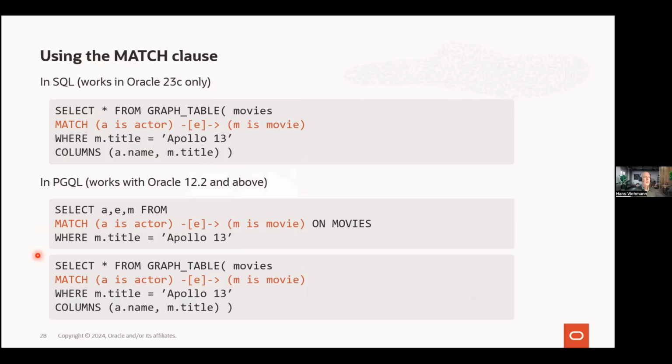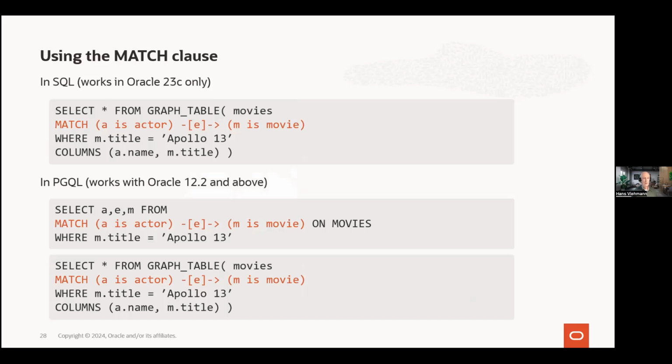But in PGQL, we have also implemented the same syntax because that is what the standard prescribes, the new SQL standard, SQL 2023. We've also implemented that in graph server. So with that, you can carry over things you are doing on a graph server to the Oracle database.